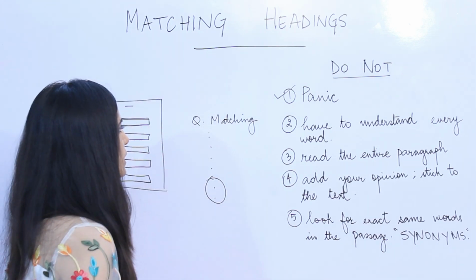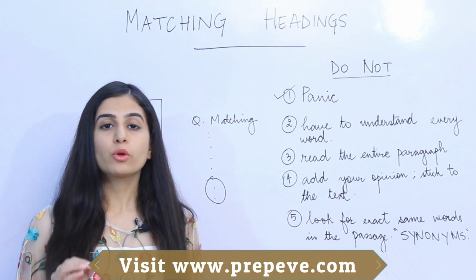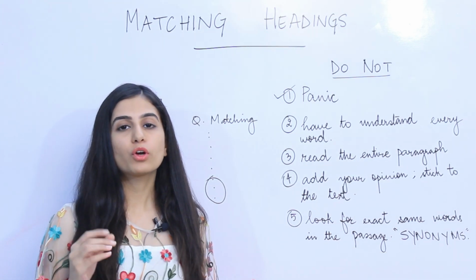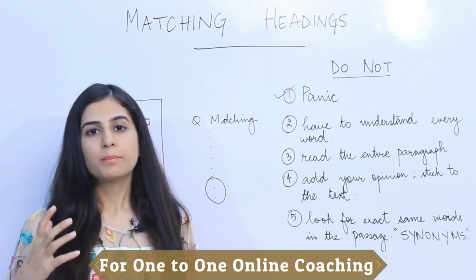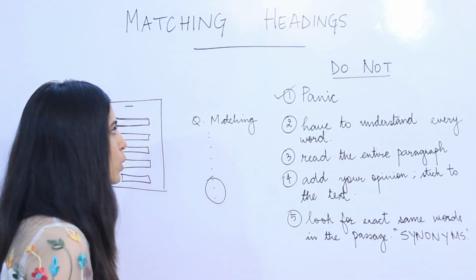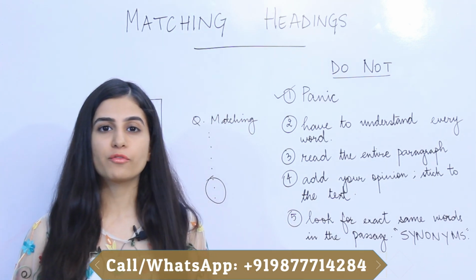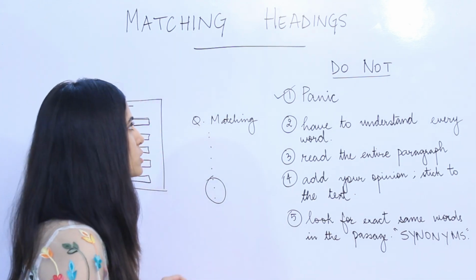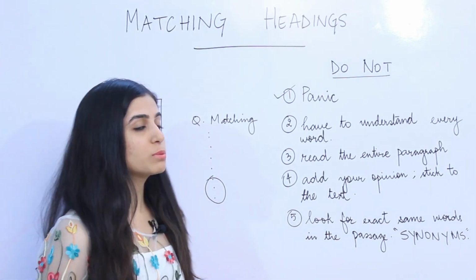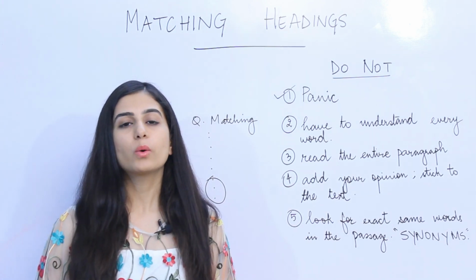In case of this type of question, first of all, you should make sure that you do not panic if you are not aware of the content of the passage. In case you have no idea what the topic is going to talk about and the topic is such that you have never heard about it before, you don't have to panic. And this is not only in the case of matching headings, but in case of all reading comprehension questions.